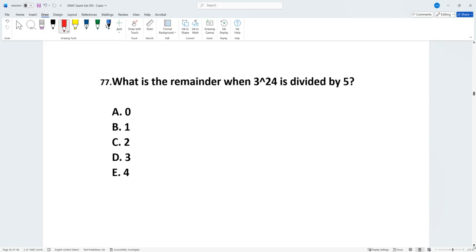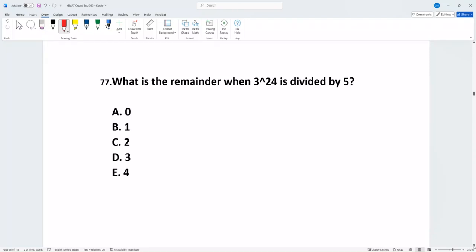Okay, so we find the remainder of a number when it's divided by 5 by dividing the units digit of that number by 5. So in order to determine the remainder when 3 to the power 24 is divided by 5, we need to calculate the units digit of 3 to the power 24.